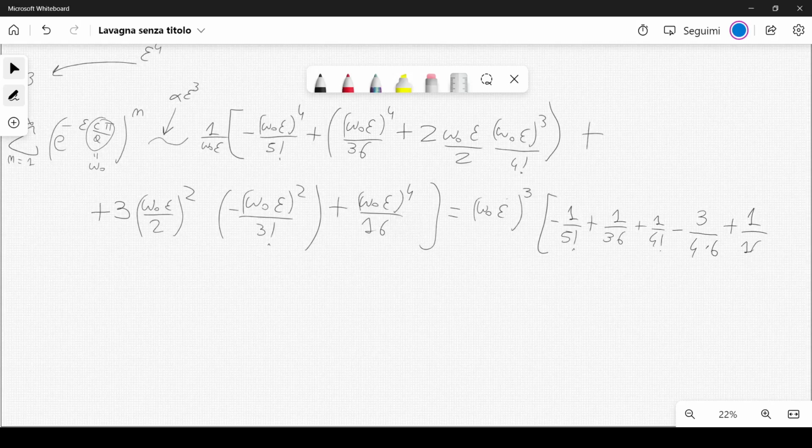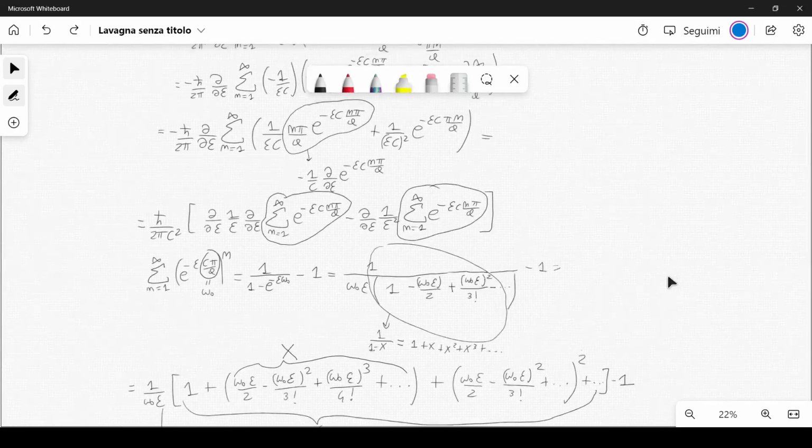And you just do the calculation. This is just algebra. You get minus 1 over 720 omega 0 epsilon cubed. And this is the calculation for the third order term.